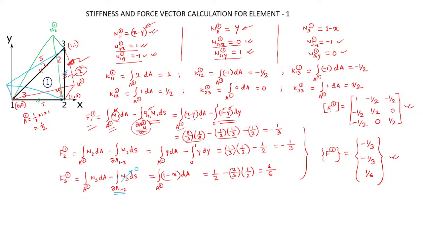Once we substituted, we have to integrate x over the area and y over the area, so the integral of x dA minus the integral of y dA, and the third term is the integral of 1 minus y dy from 0 to 1.